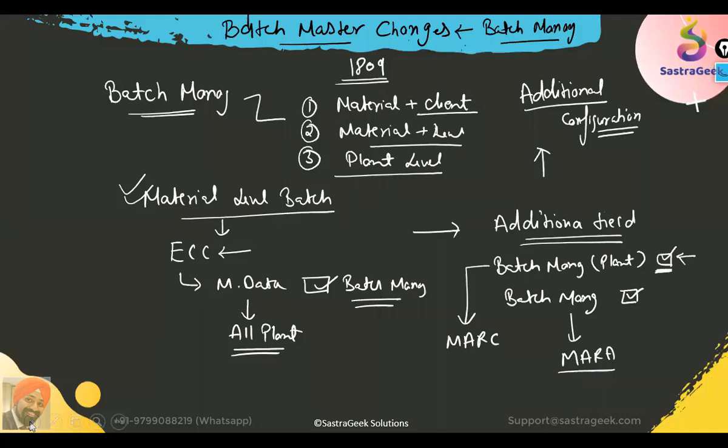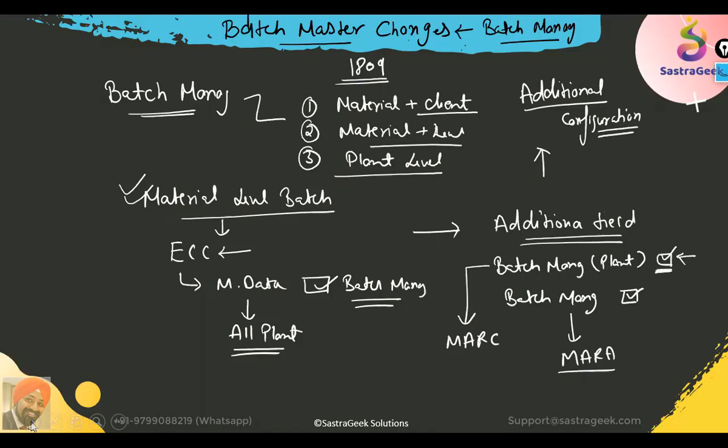Then we discussed the changes in batch management, where a new field has been given, plant level batch management, which will help you when you have batch management at material level. With that field you would be able to control if batch management needs to be deactivated for a particular material and plant combination.